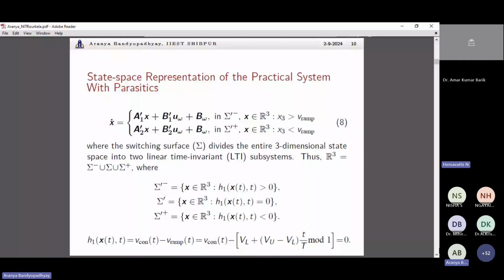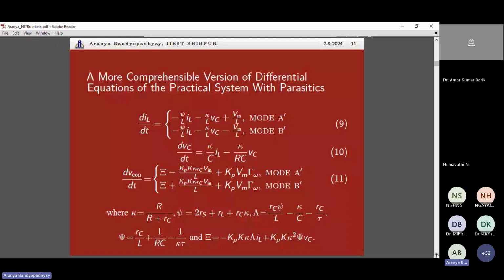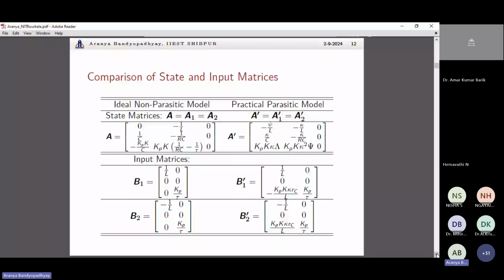Now let us turn the equations with parasitic elements into a much simpler paradigm. This is what it would look like. And if we want to make a comparison of them, this is how the state matrices and input matrices would look like.